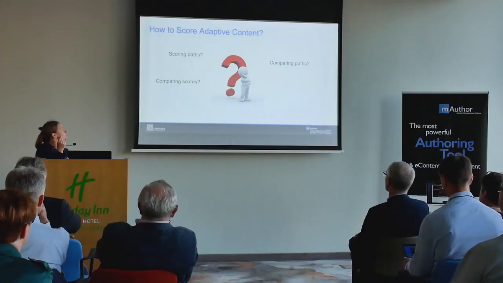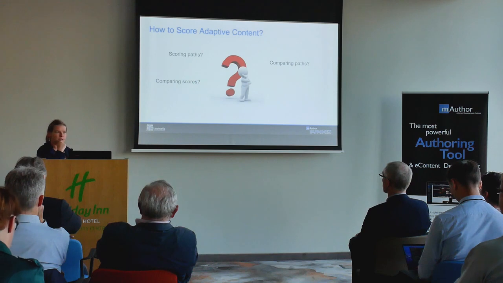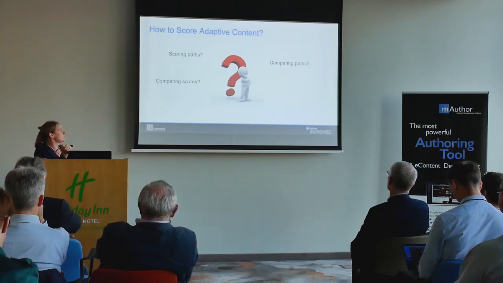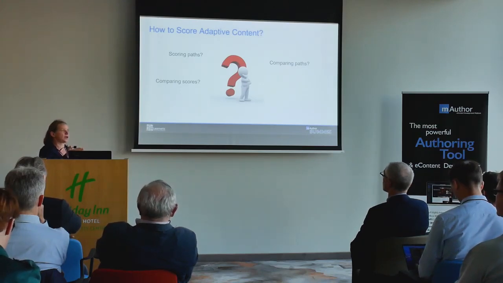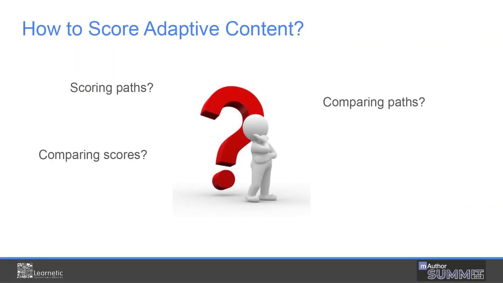The problem which we are facing here is how to compare the scores of the students who are going on different paths. If a student went on the easier path but has a higher score than someone who went to the harder examples but was not doing so well on them, how to compare this?